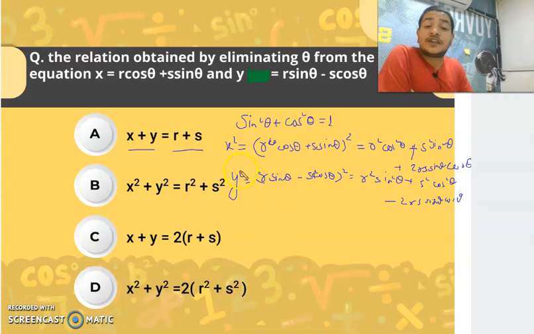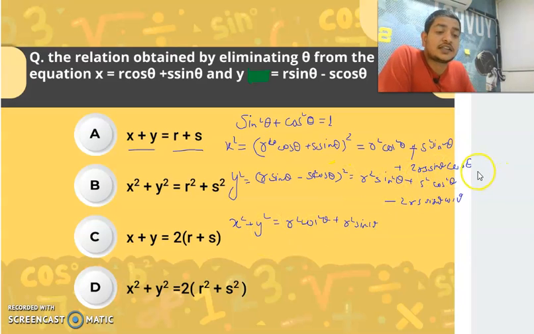What we had already understood, if we are adding these, similar terms will get added, so we can write it as x square plus y square. If you are adding this, r square cos square theta plus r square sin square theta, and 2rs sin theta cos theta and minus 2rs sin theta cos theta will get eliminated. We can write it as r square sin square theta plus s square cos square theta.